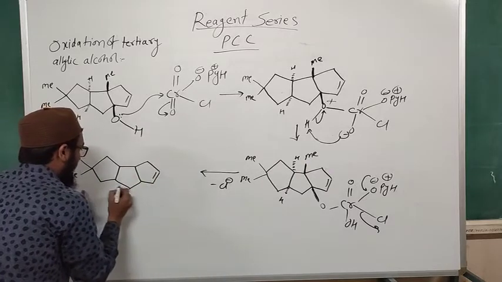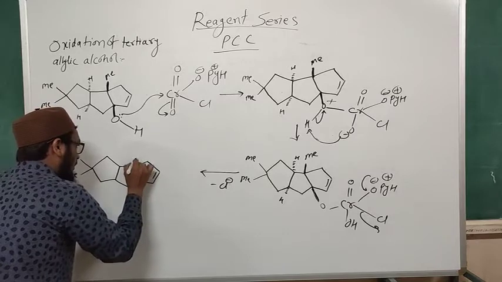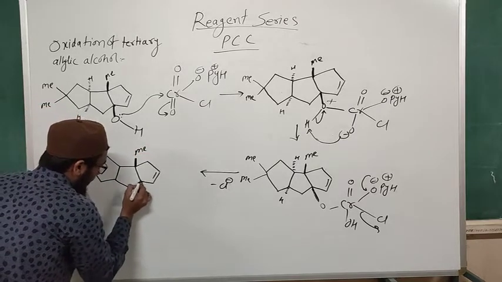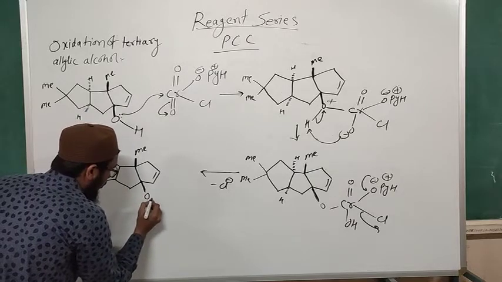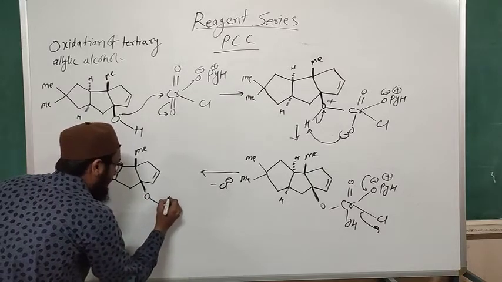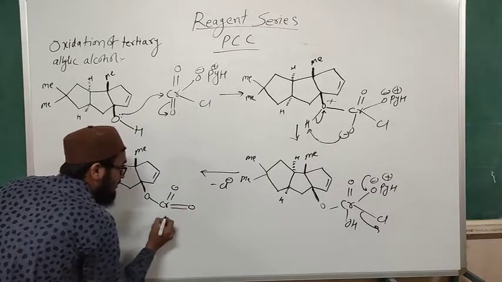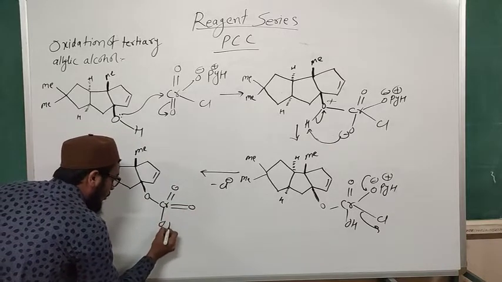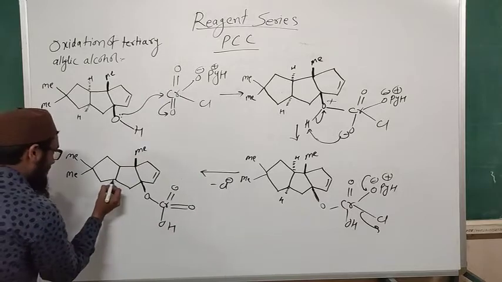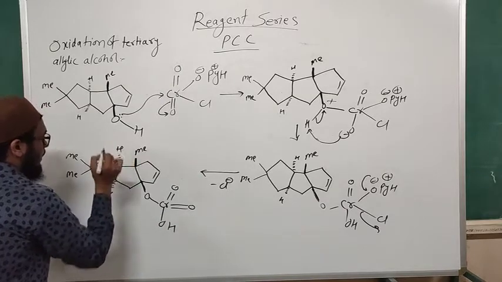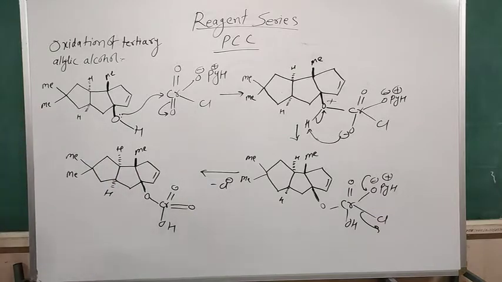Now I have a double bond here. I have bold wedge shaped line. Now again I have wedge shape O, chromium, double bond O, then again double bond, this newly formed double bond, then OH. Now what remains? 2 hydrogens. What is this? It is a chromate ester.